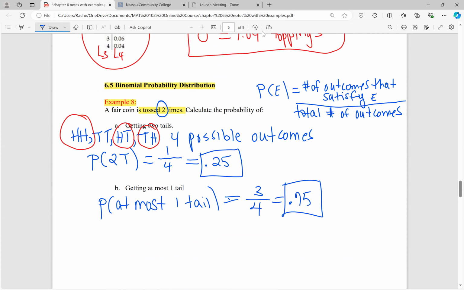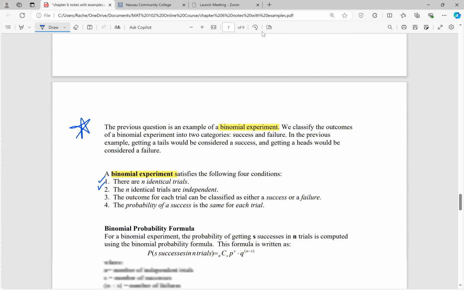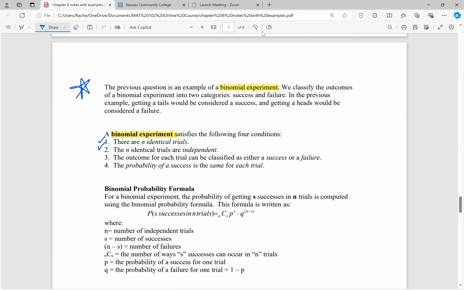It's an independent trial. There's no dependency there. The third condition is that the outcome of each trial be classified as either a success or a failure, which we just talked about. And the fourth condition is that the probability of a success is the same for each trial.